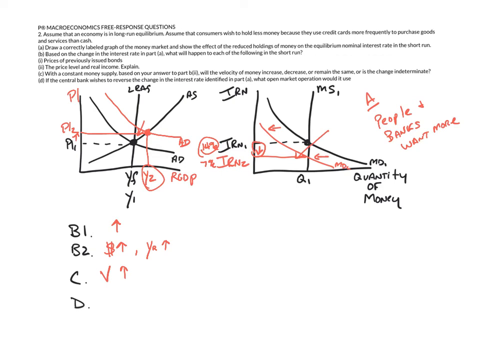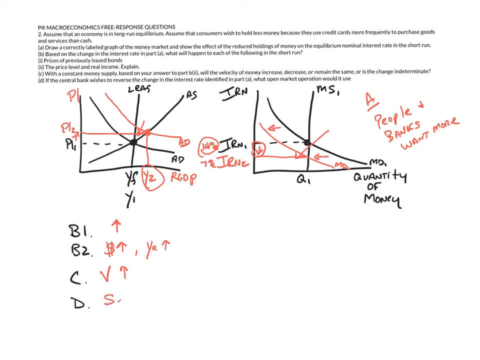If the central bank wishes to reverse the change in the interest rate identified in Part B, what open market operation would they do? Well, obviously, there's only two things they can do. They can buy or sell. So if they're wanting to reverse it, they're wanting to reverse the lower interest rates. Essentially, they want to basically not let people borrow as much money.